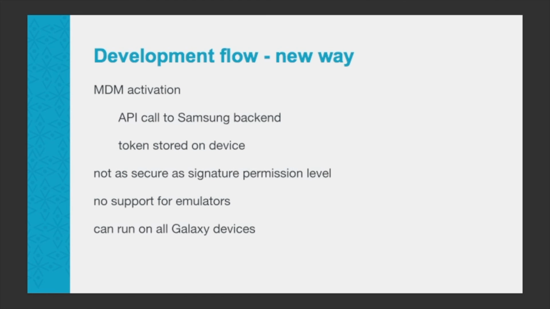When they introduced MDM, they didn't provide support for emulators. We were in contact with Samsung and they said that it's not secure for them to provide an emulator image, so you don't have emulators anymore. But the benefit is that you can run on every hardware device, any Galaxy device out there, because again, signature is not important anymore. You do MDM activation, and they approve it on the back end, so you have permissions.